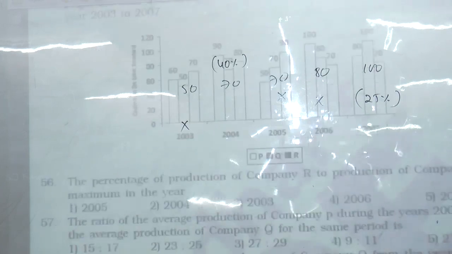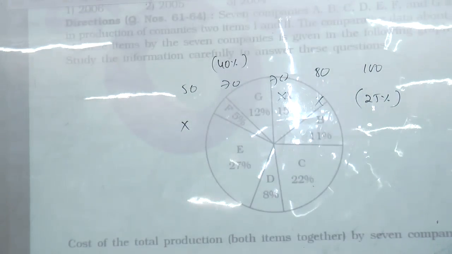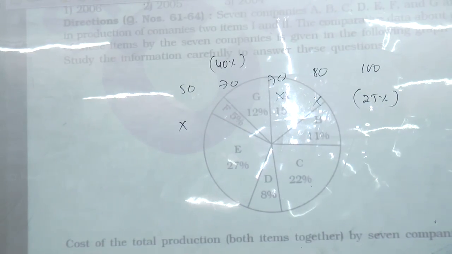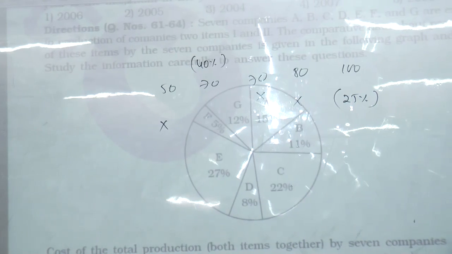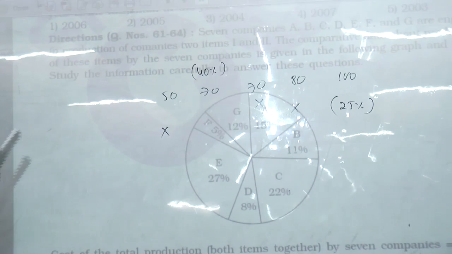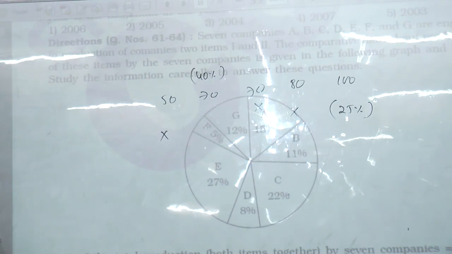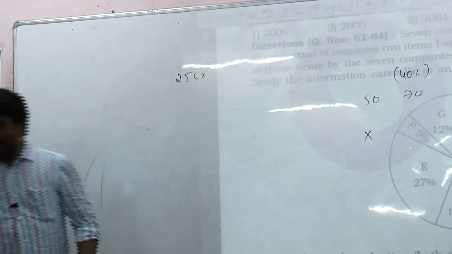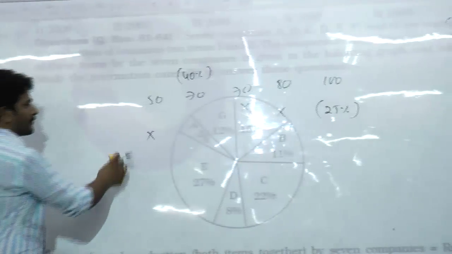Next, 61 to 64. The cost of total production by 7 companies is 25 crores. Total we have 25 crores. First let me write this data.